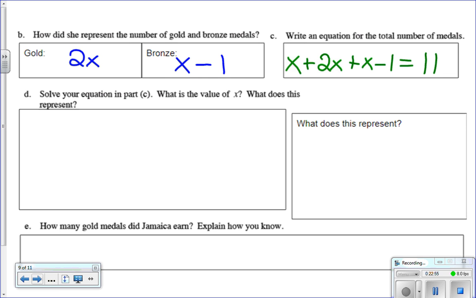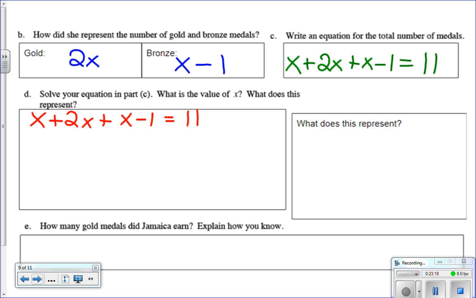Okay, so we can say this is the silver, the gold, and the bronze, and all together they got 11 medals. Okay, so then in part D, we want to solve our equation. So we have, rewrite it, x plus 2x plus x minus 1 equals 11. So what am I going to do first to solve this equation?